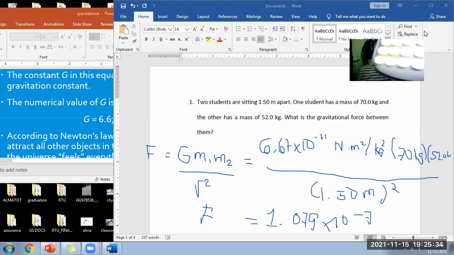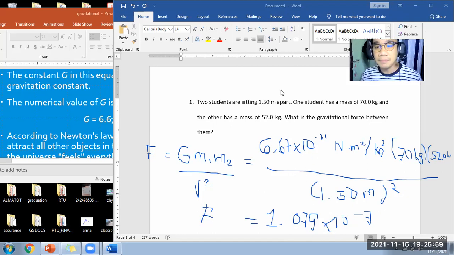Ayun o. Kung nakikita nyo, meron siyang 10. So pindutin mo lang yan. Tapos yung exponent niya na -11. So automatically sa calc meron na siya. Tapos times 2 na lang. So kaya nakuha natin yung 1.079 times 10 to the -7. So pwede mo na siya i-direct sa calculator.